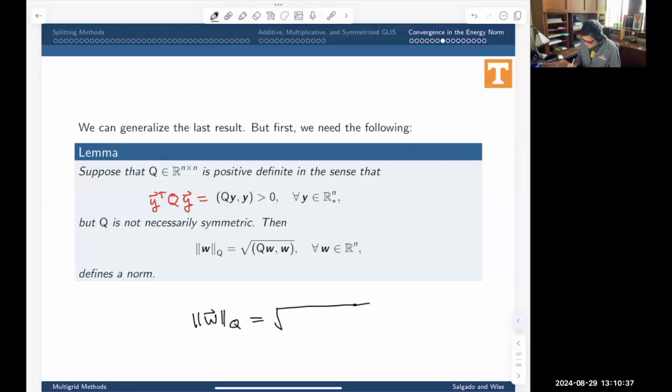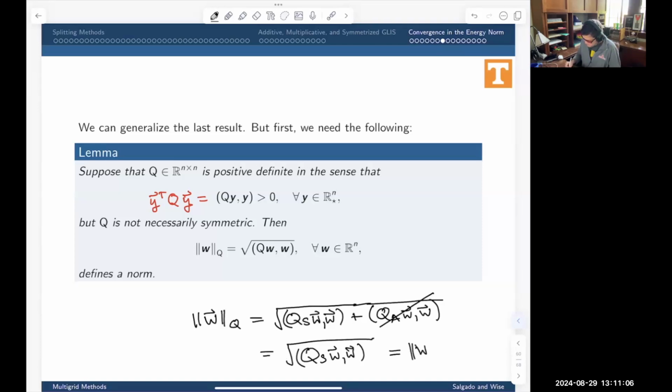We just showed that that's equal to ⟨QSW, W⟩ plus ⟨QAW, W⟩, and that's equal to, this guy goes away. So that's ⟨QSW, W⟩, and of course that's equal to W transpose QS W.